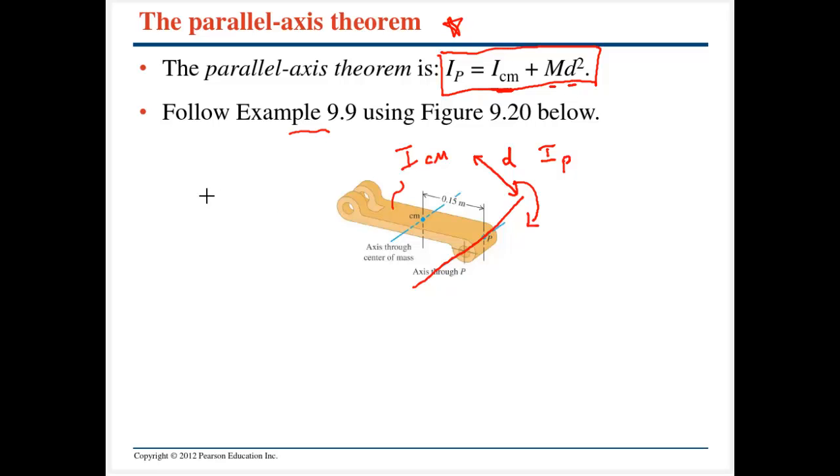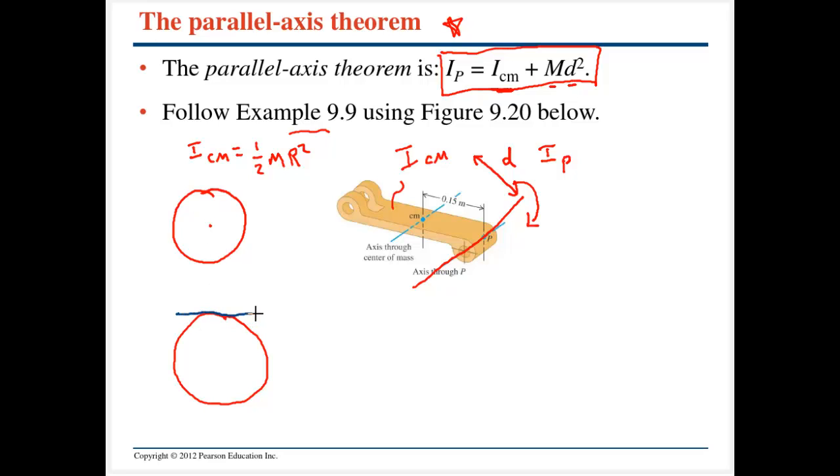A very, very, very important theorem to know and be able to use. If we consider a disk, for example, I know the moment of inertia about the center of mass of that disk. I can look it up. It's 1/2 mass radius squared. Now I want to take that disk and, rather than rotate it about its center, spin it around this axis over there.